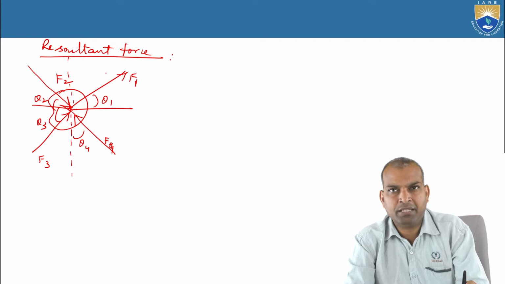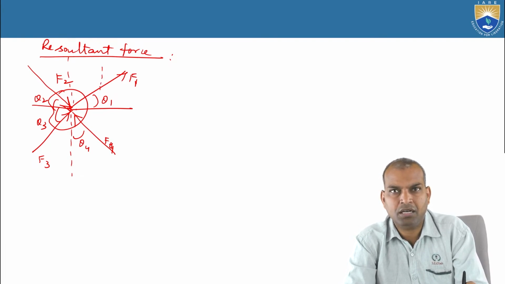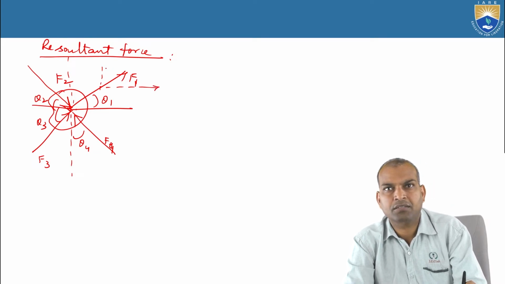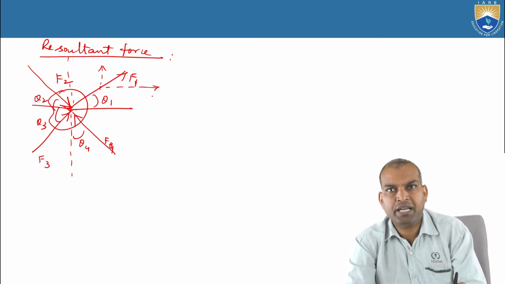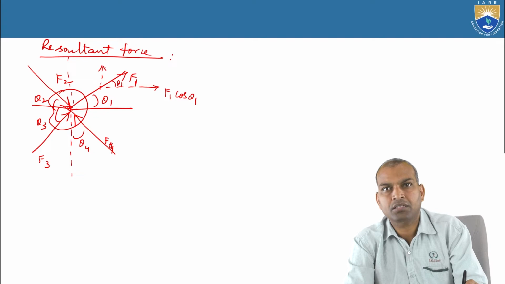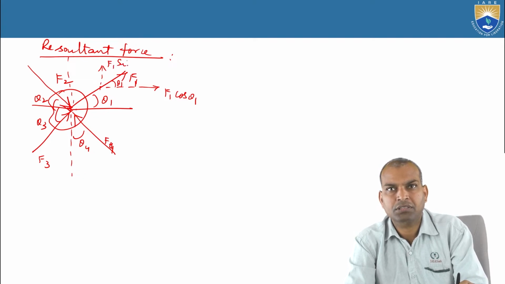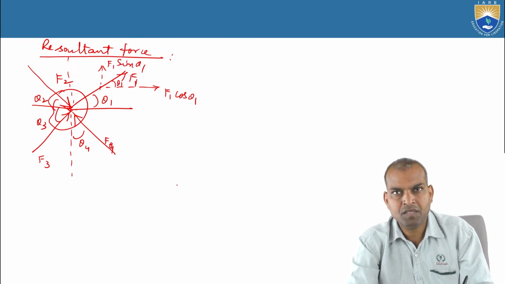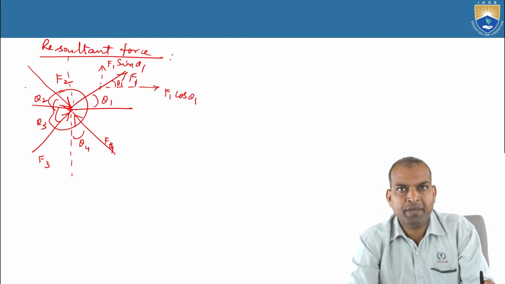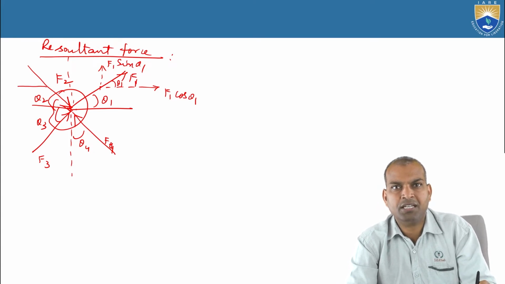Using the analytical method, draw lines parallel to the y-axis and parallel to the x-axis. The component parallel to x, with angle theta 1 made with the horizontal, becomes F1 cos theta 1. This is F1 sin theta 1. You can go for any method here, horizontal and vertical.